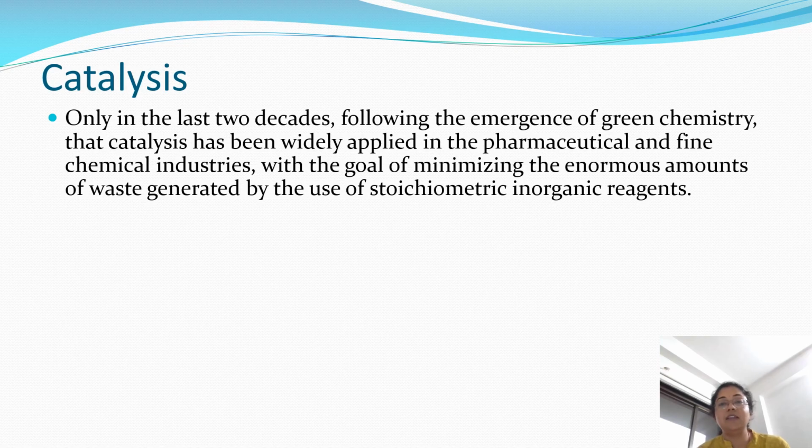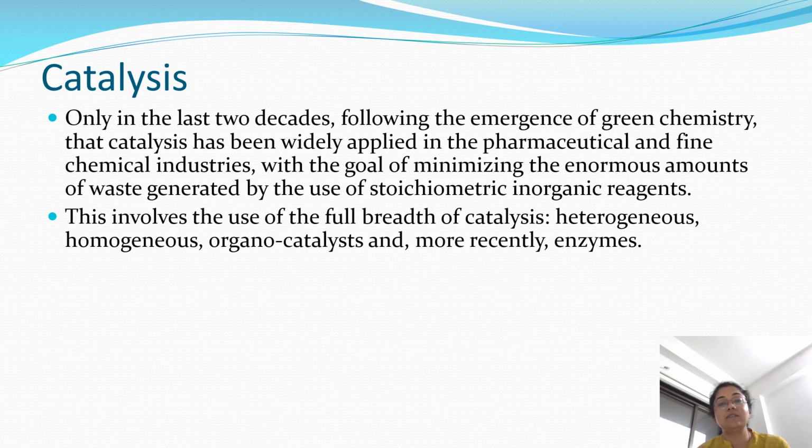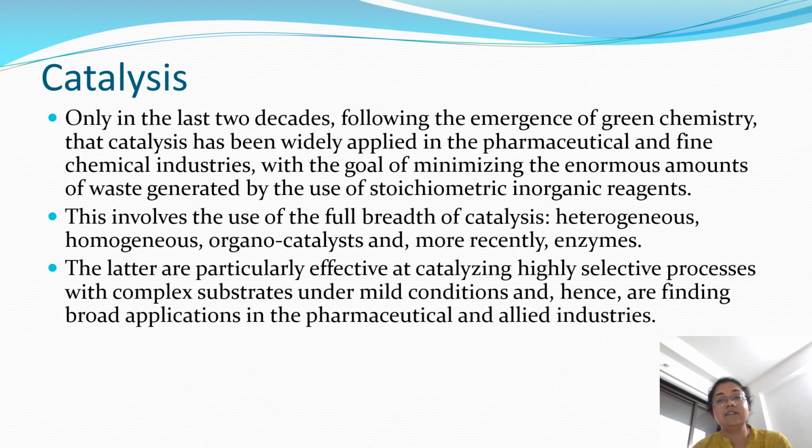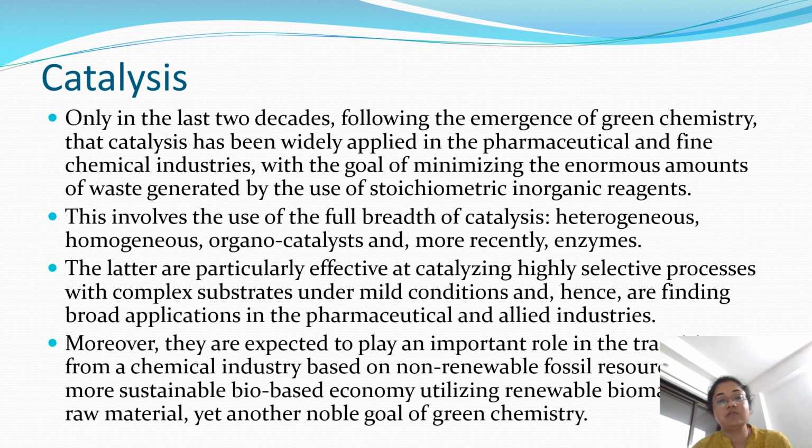Only in the last 2 decades, following the emergence of green chemistry, has catalysis been widely used in pharmaceutical industries and petrochemical industries also. Homogeneous, heterogeneous, and organocatalysts are used along with enzyme catalysis. So we should shift our focus towards catalysis.